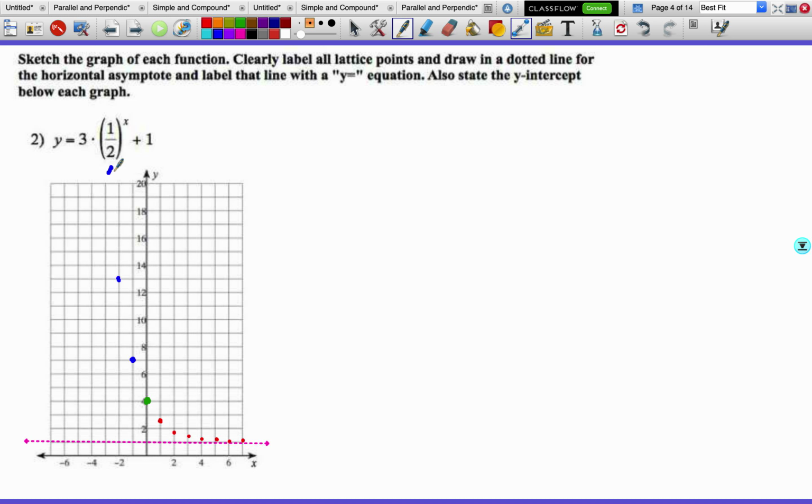If I connect these up, I start very steep, come in, hit my y-intercept, and then flatten out very quickly, to the point where we're basically at this flat line here. Okay, so my horizontal asymptote was y equals 1. The y-intercept was 4. It's always going to be your a value plus your k value.